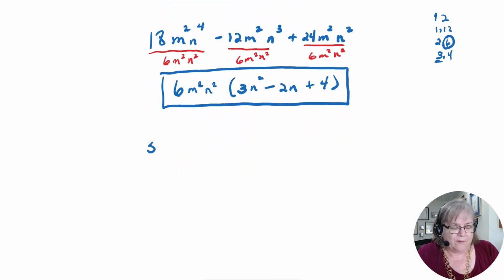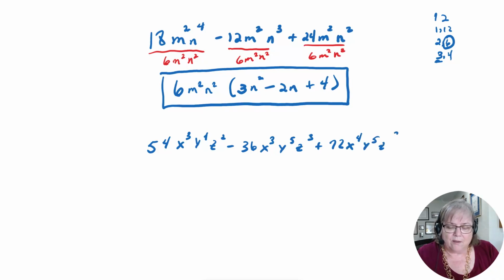Okay, here's one. 54 x cubed y to the fourth z squared minus 36 x cubed y to the fifth z cubed plus 72 x to the fourth y to the fifth z cubed.